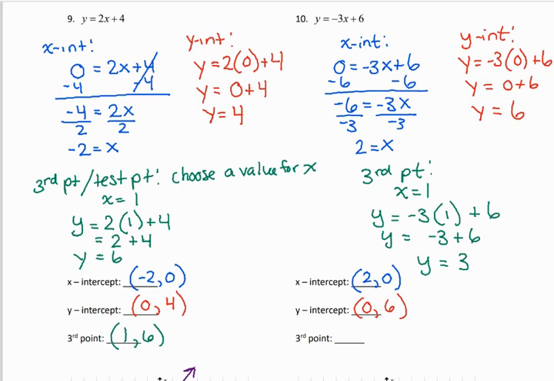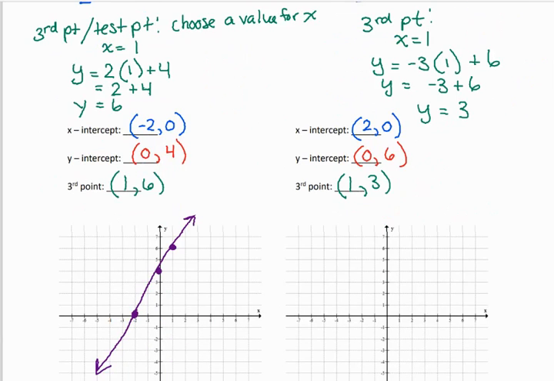So for that third point, we said let's plug in 1 for x, and we get 3 for y. Leave that work up there, but at least now we can see the graph as well. Does anyone have a question with how to find that test point? Don't hesitate to ask. It's brand new material, so it's fine to be confused.